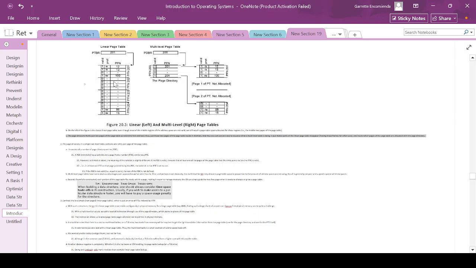So in the linear page table, this is how we create the page data structure, but it's still inefficient. To make it efficient, we make this middle part disappear. We create a page directory structure, freeing those frames for other uses, and tracking which pages of the page table are allocated.